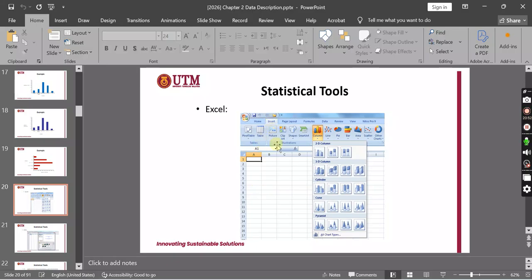You are going to insert, and after that you choose the bar chart or the line chart, and also the horizontal bar chart, area, and scatter plot. We have a lot of types of plots that you can use to present the data set.